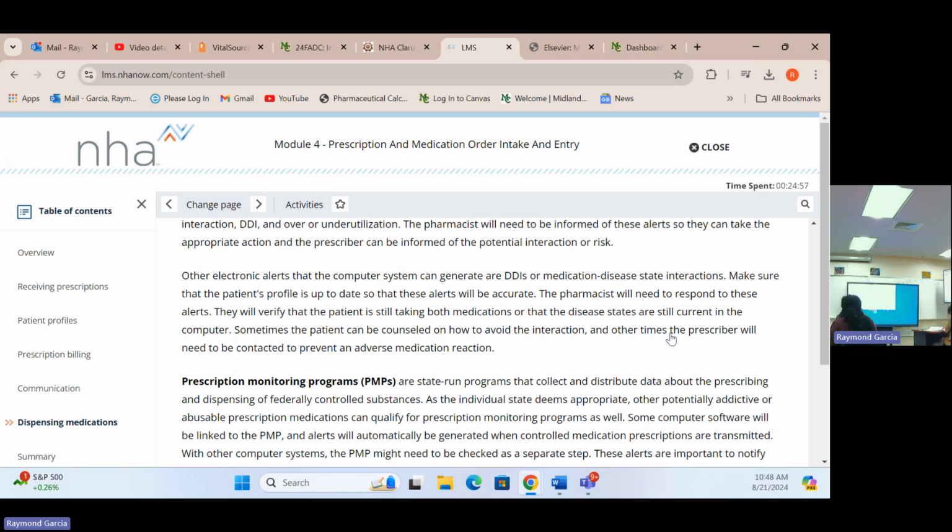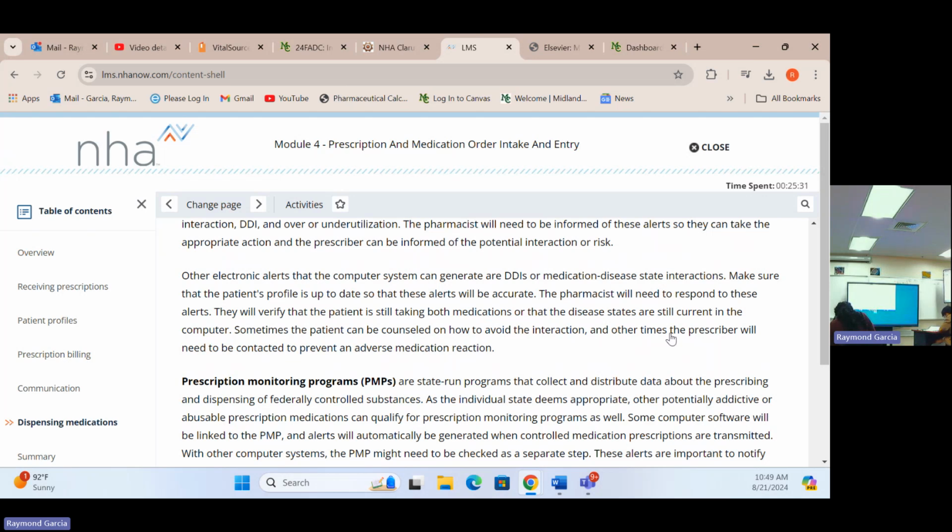Make sure that the patient's profile is up to date, so that these alerts will be accurate. The pharmacist will need to respond to these alerts. They will verify that the patient is still taking the medications, or that the disease states are still current in the computer. Sometimes the patient can be counseled on how to avoid the interaction, and other times the prescriber will need to be contacted to prevent adverse medication events.